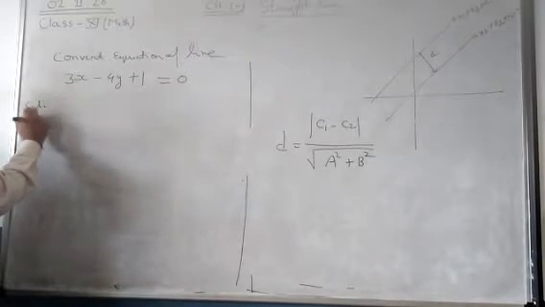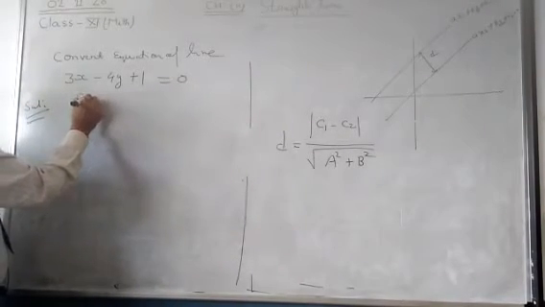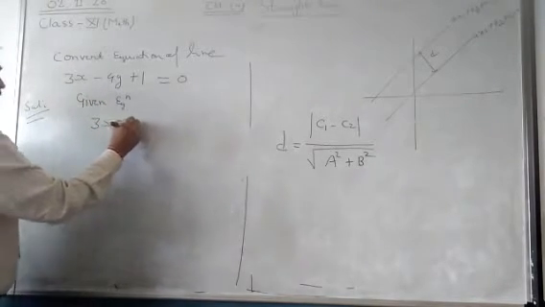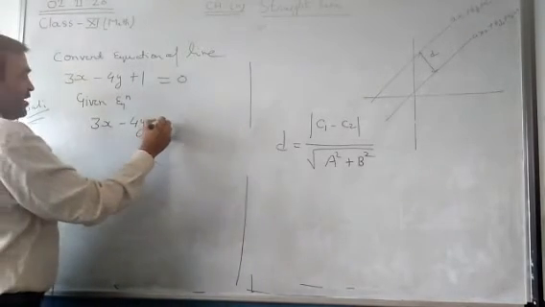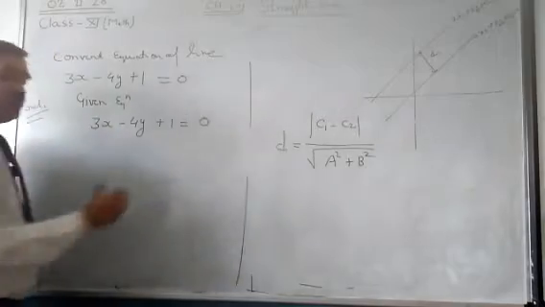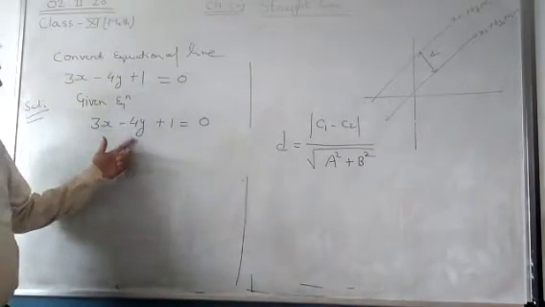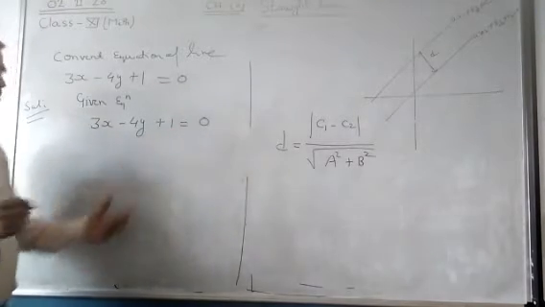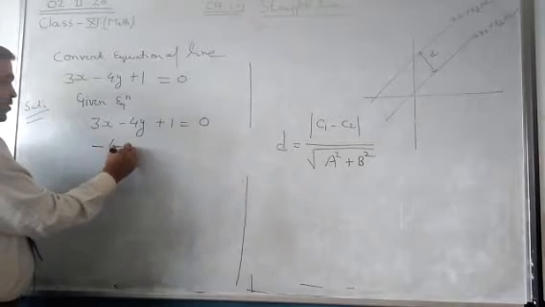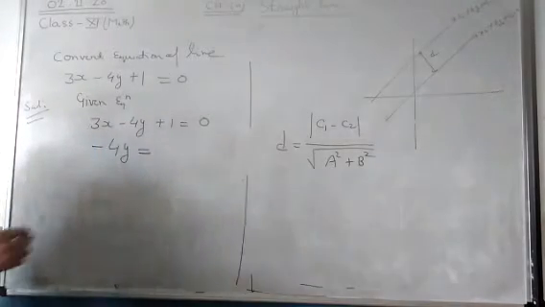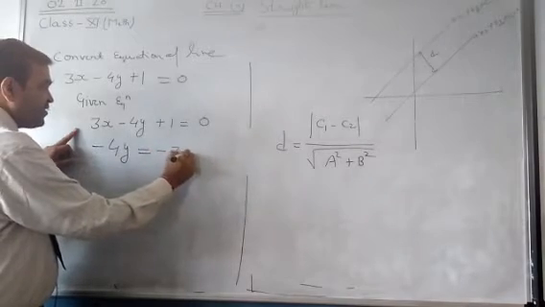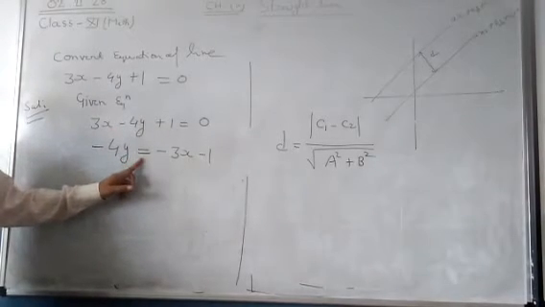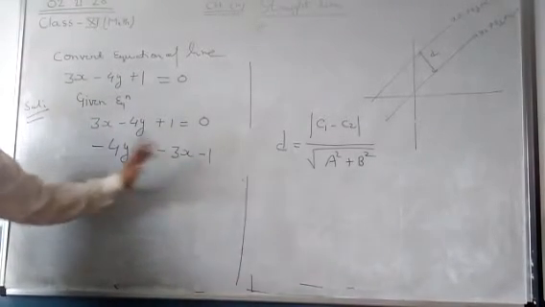Solution: the given equation is 3x minus 4y plus 1 equals 0. This equation can be written as minus 4y equals minus 3x minus 1.